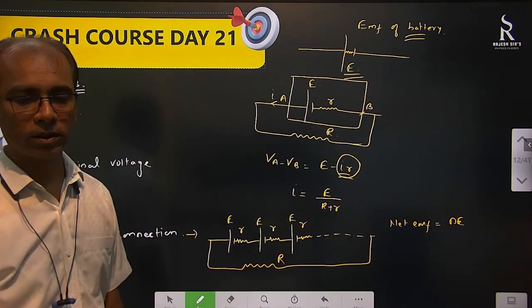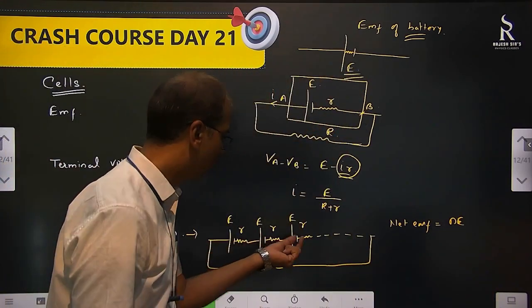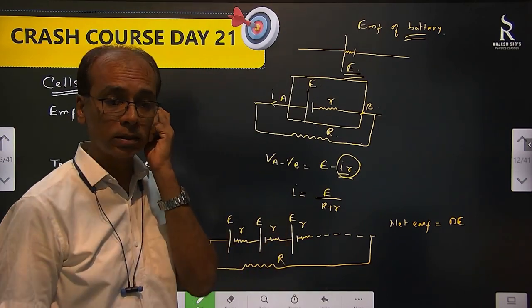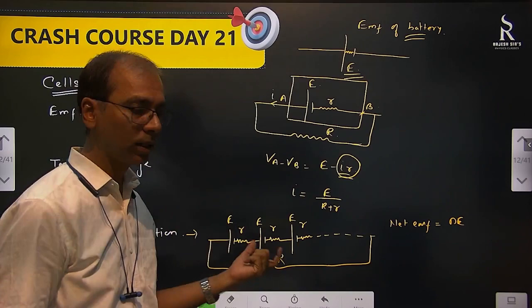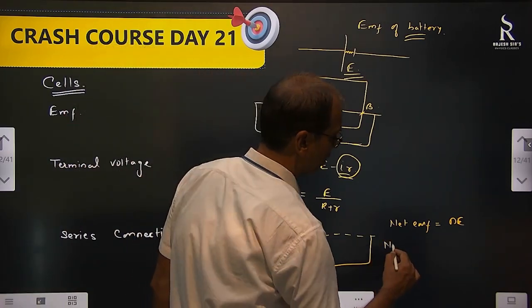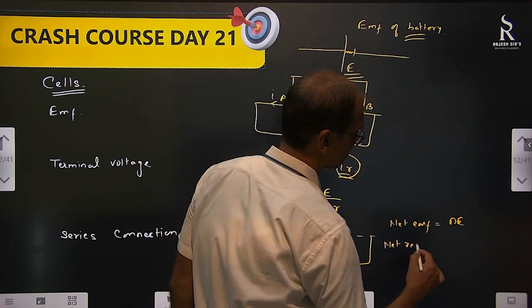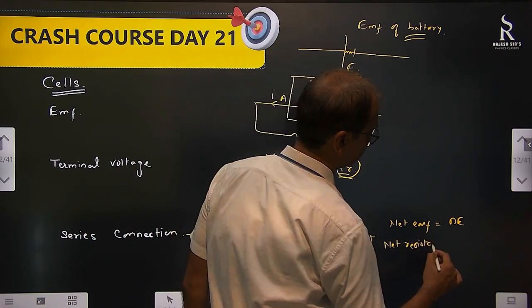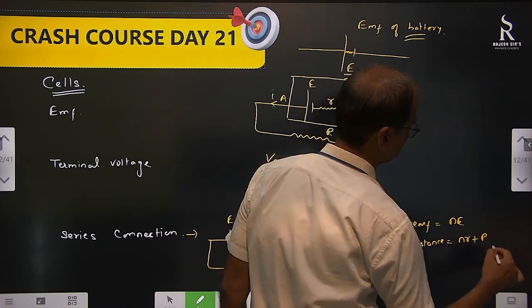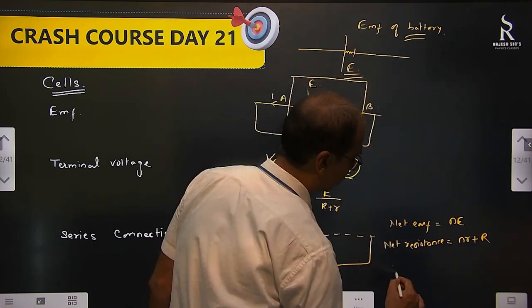In the same way, what is the net resistance? Now r, like that N. So Nr will be the net internal resistance. And then you have connected them with the external resistance also. So what is the net resistance? The net resistance will be the total internal resistance plus the external resistance. What is the net internal resistance? Nr plus the external resistance R. So what is I?